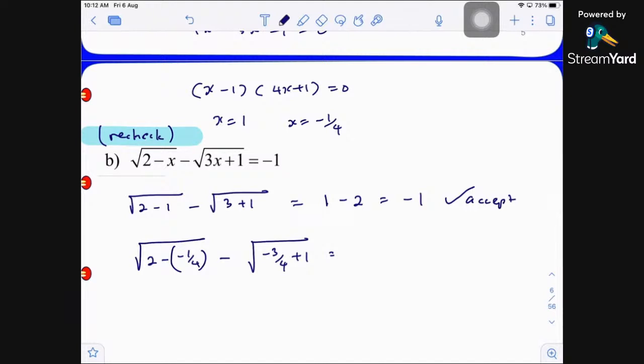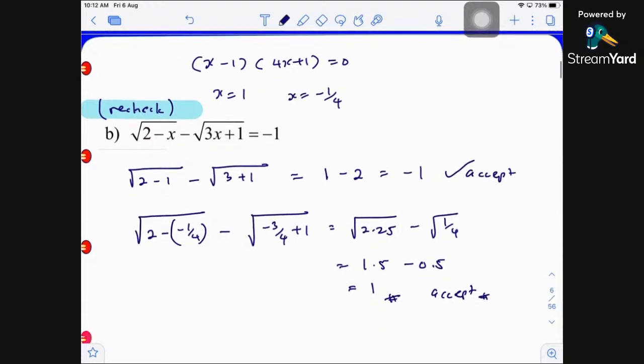So square root 2.25 minus square root 1 over 4, or 0.25. Here I get 1.5 minus 0.5, because the square root of 1 over 4 is 0.5. So here I get 1. Since both are accepted, nothing to reject.